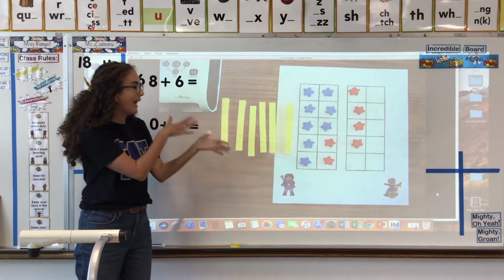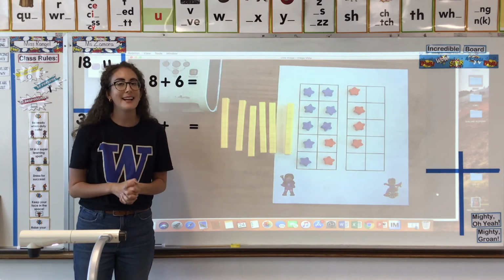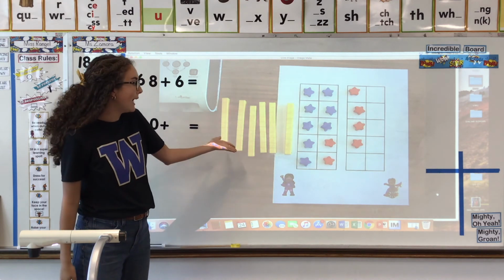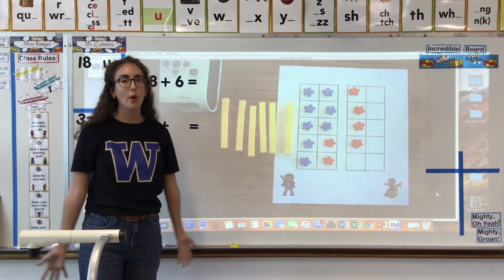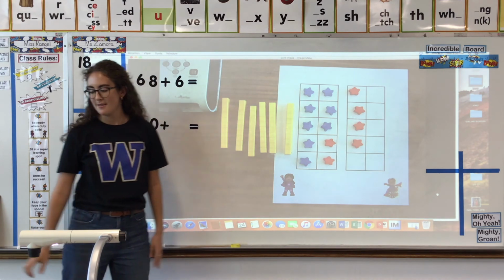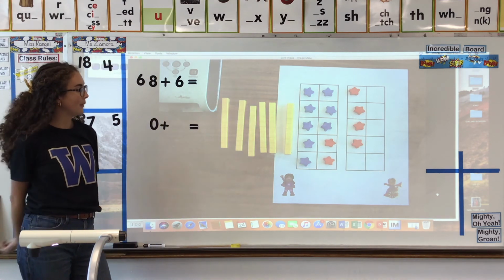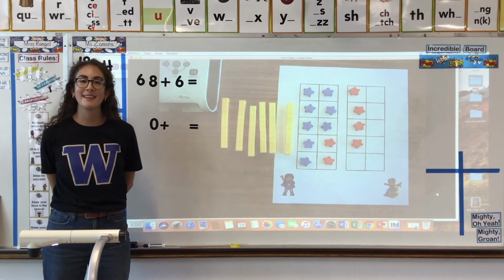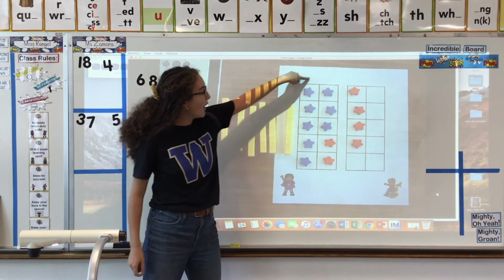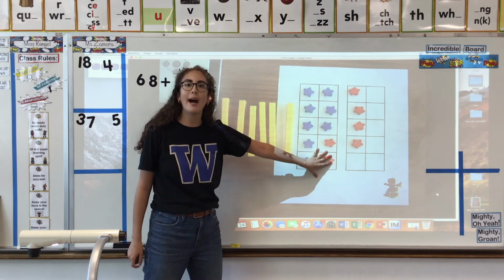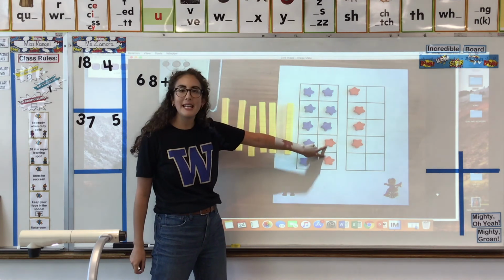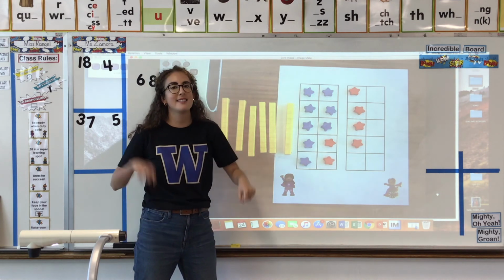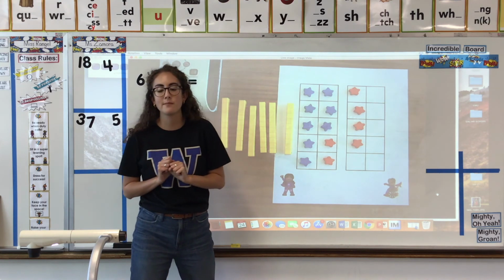Okay. I added our 6, and now I want you to tell me, what happened? What did we do? What did we transform? We turned our 8 into a 10 by completing it with that 2, since 8 and 2 are pairs to 10.